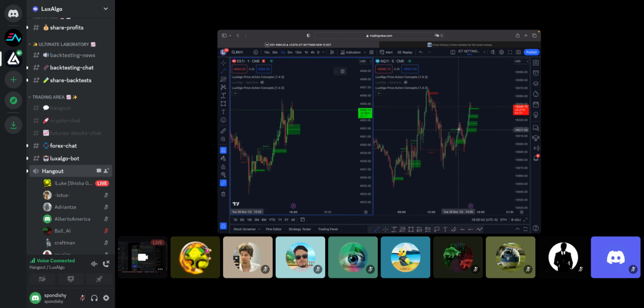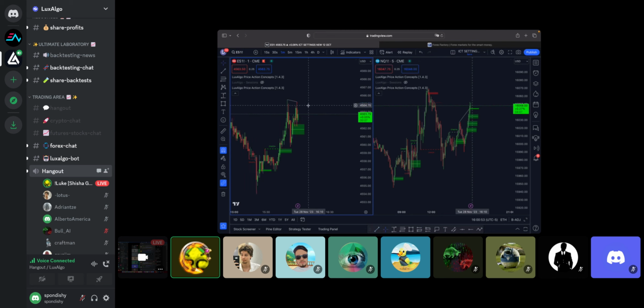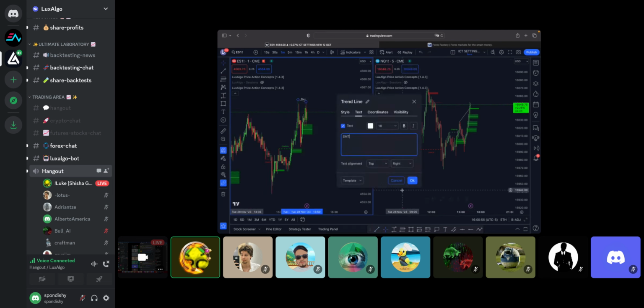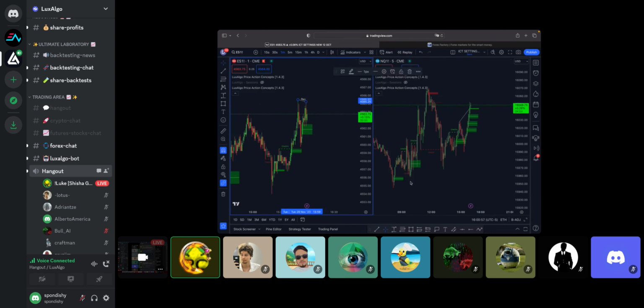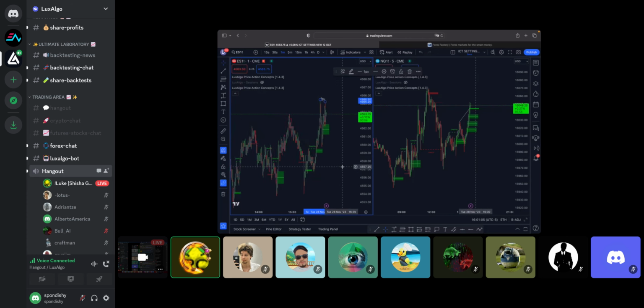NQ took its high, where ES still didn't. So this is SMT, guys, which means smart money tool, which is kind of a divergence between two assets. This is not RSI, guys. This is divergence between two assets, which is very strong.